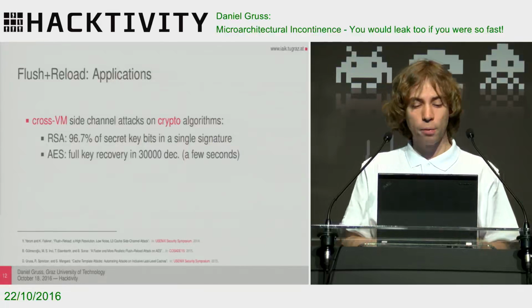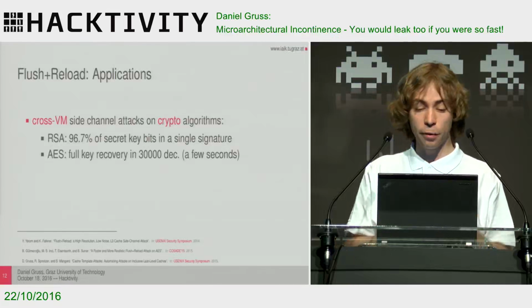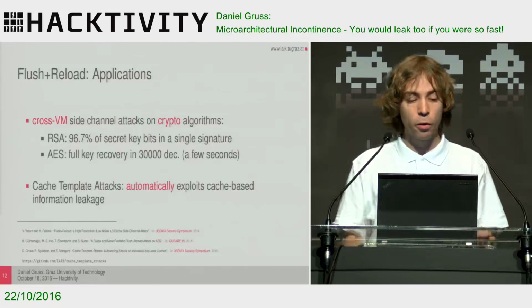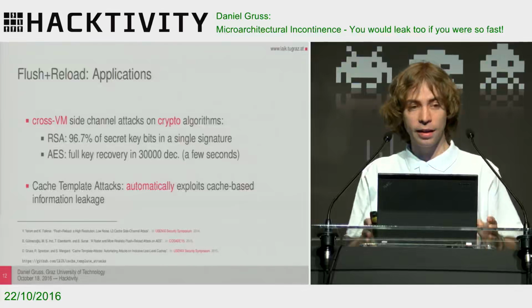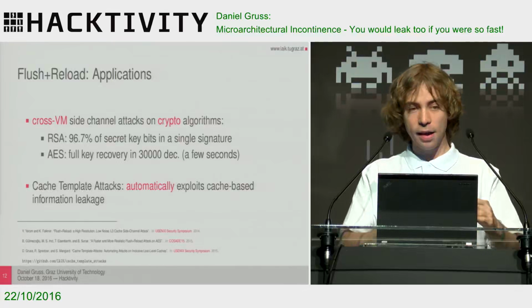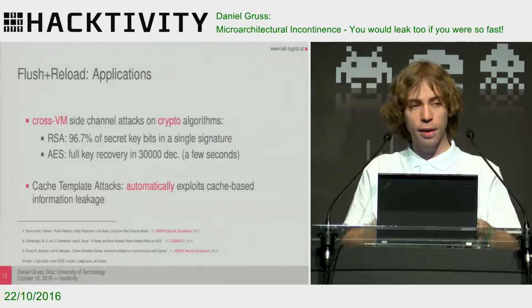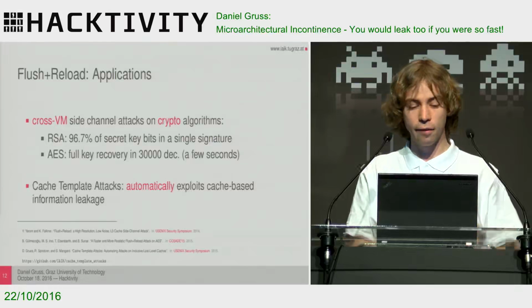For AES, we can obtain full key recovery in an asynchronous attack in 30,000 decryptions. That's just a few seconds. Also, what I've just shown you earlier, cache template attacks, allow you to automate these attacks. So I just say I want to have this event and I want to attack this file or this library, and it will automatically find you the addresses which leak information on this event.